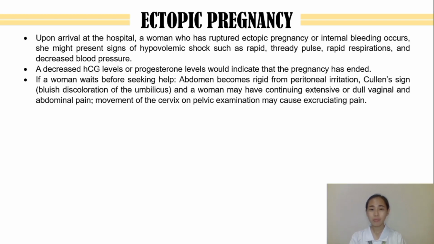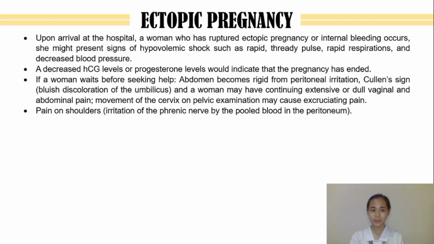If a woman waits before seeking help, the abdomen becomes rigid from peritoneal irritation. Cullen's sign, a bluish discoloration of the umbilicus, may appear, and a woman may have continuing extensive or dull vaginal and abdominal pain. Movement of the cervix and pelvic examination may cause excruciating pain.